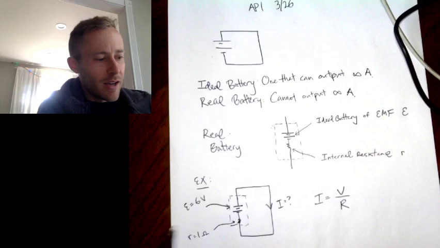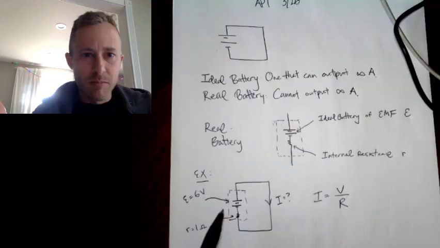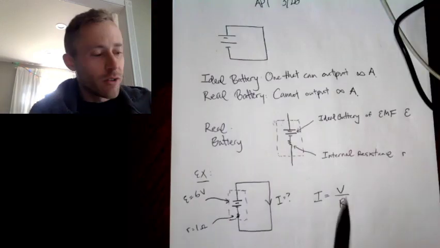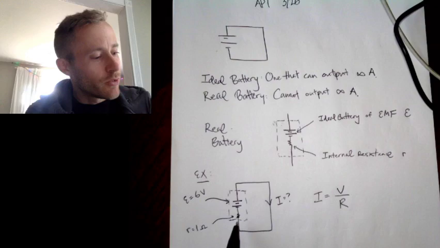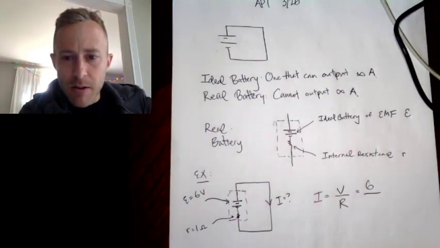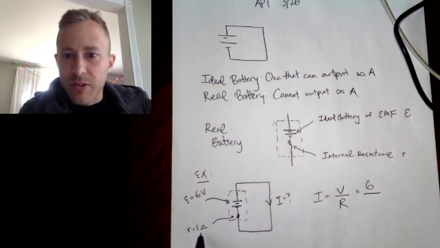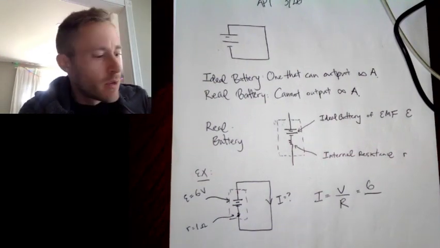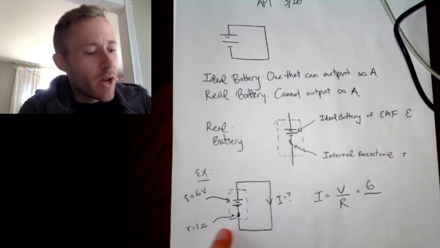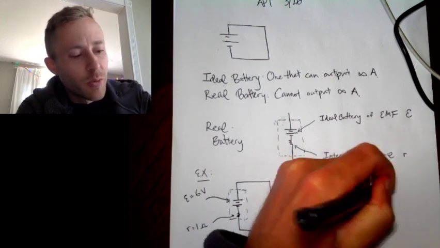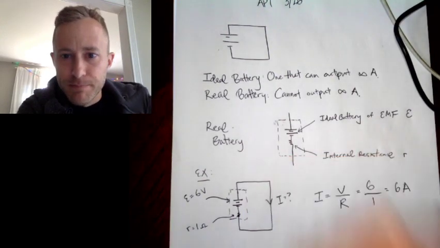So the volts that are being provided to the circuit is just the EMF, which is 6. Okay. And then the resistance is just the internal resistance of the battery, which is 1. So we would get 6 amps.